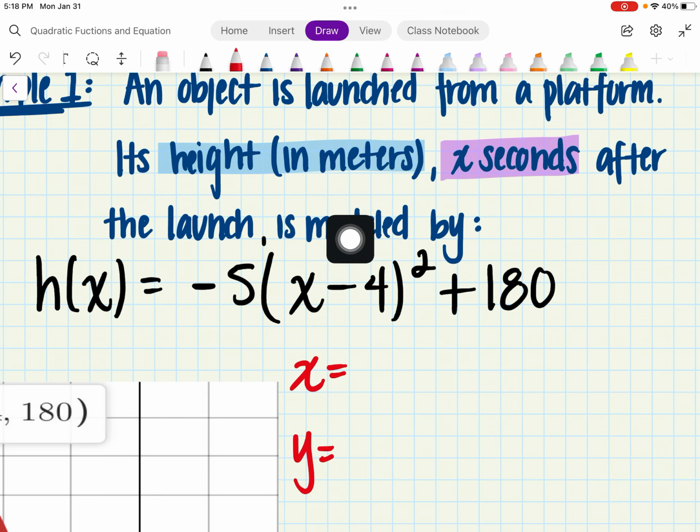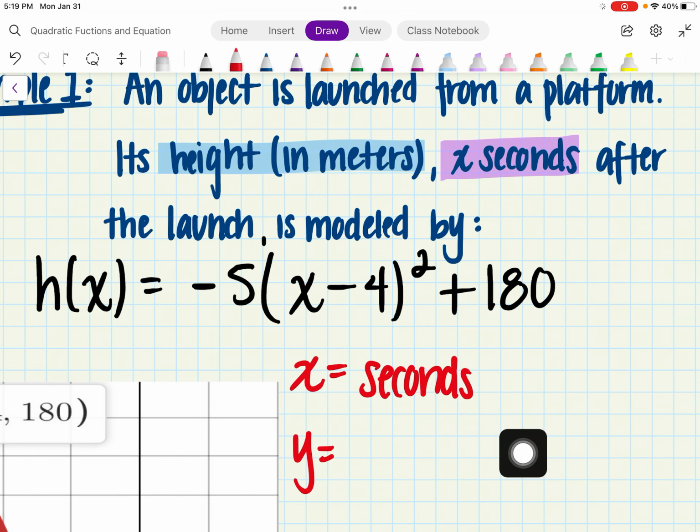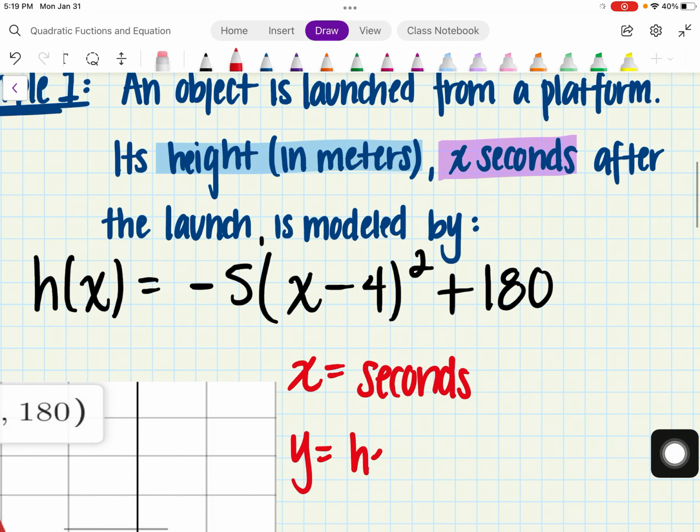Lucky for us in this case, they're telling us what x is. They're telling us x seconds. So whenever they mention something about seconds or about time or how long something takes, it is talking about x. Now, in this case, that would make y our height in meters. So if they mention something about the height, we know that they're talking about y.